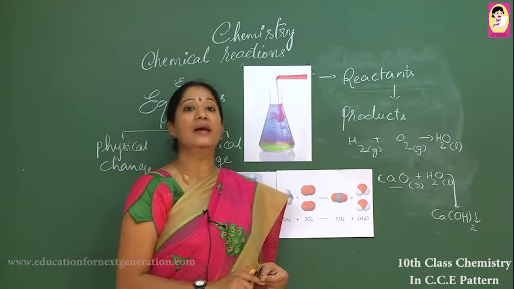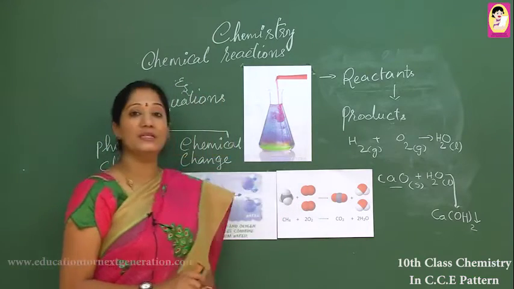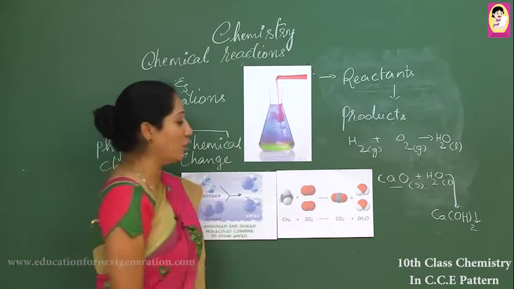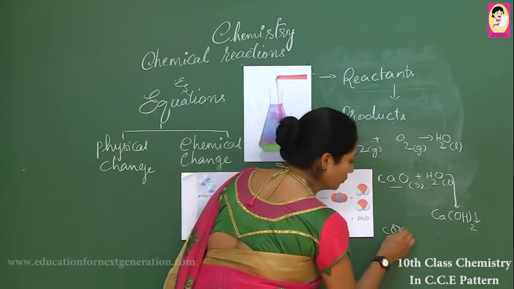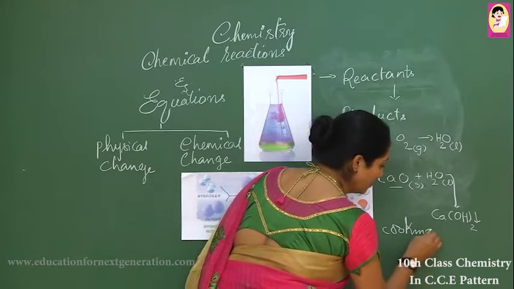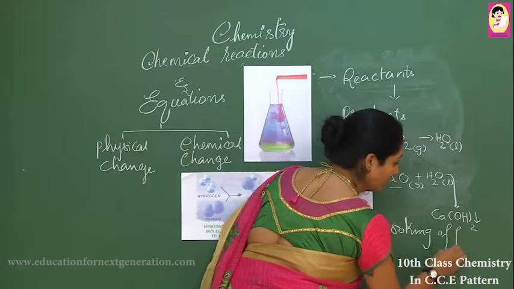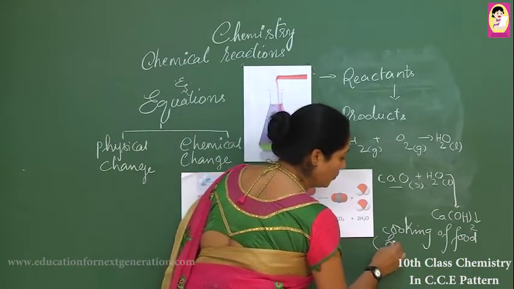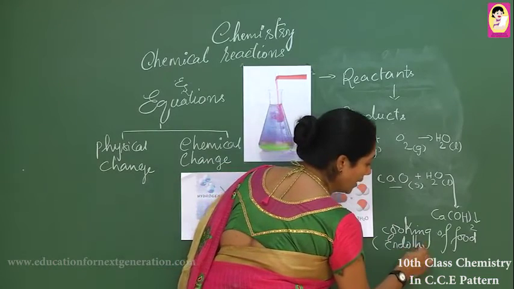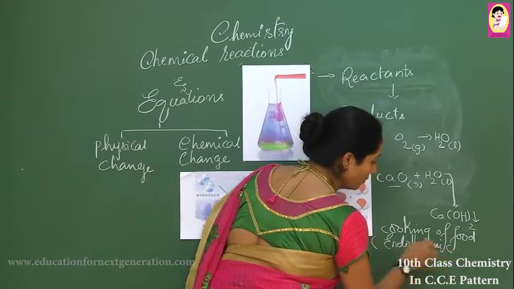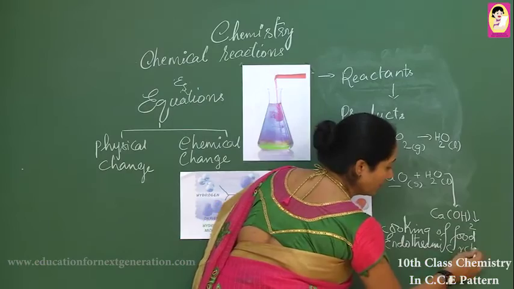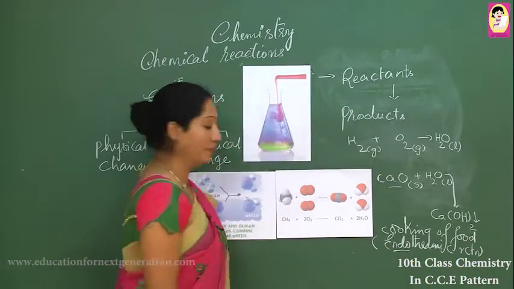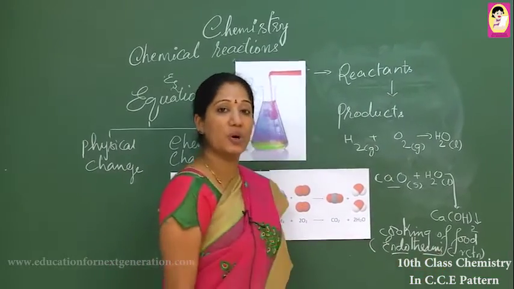Endothermic reactions are the reactions which take place with the absorption of heat energy. Take the example of cooking food. Cooking of food is an example of an endothermic reaction. Endo means taking in or consuming. Therm means the temperature or the heat.